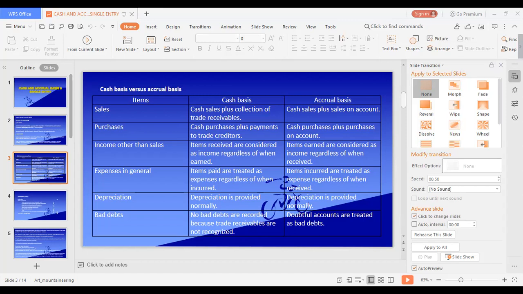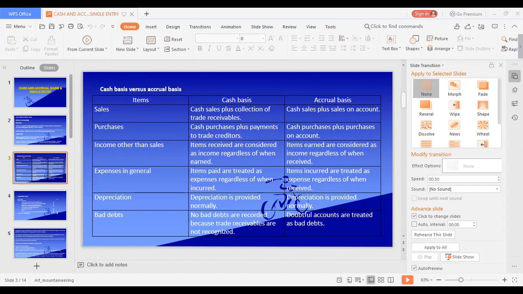All sales and purchases were on credit. The merchandise account is debited for purchases and credited for sales. The amount of purchases for the year, we have now the payment to trade creditors of 2 million, and we have now the 750,000 accounts payable end.